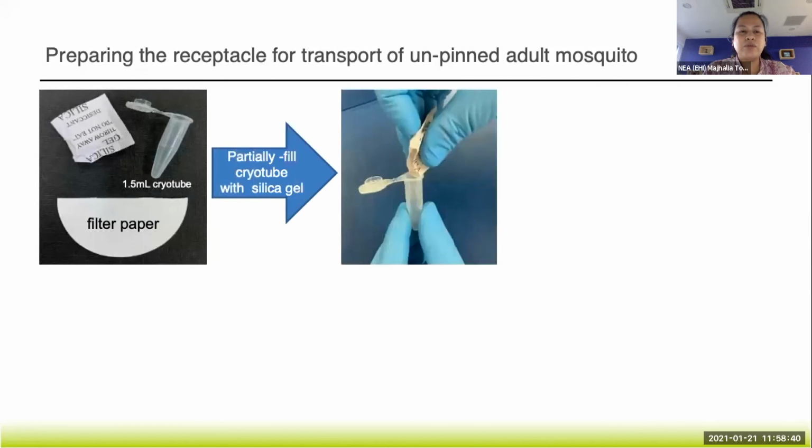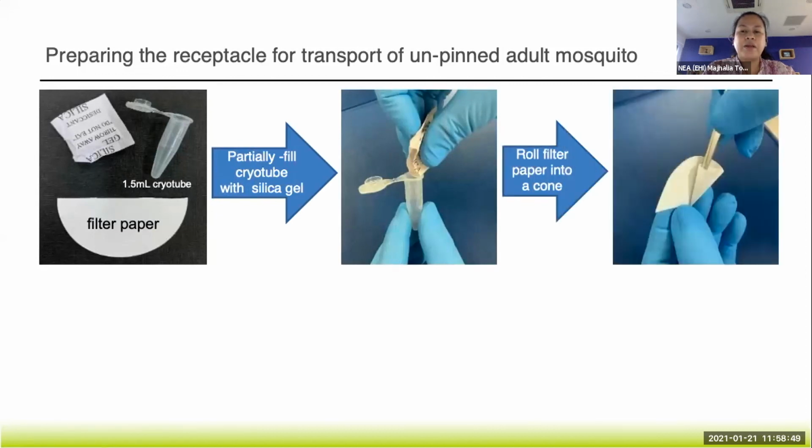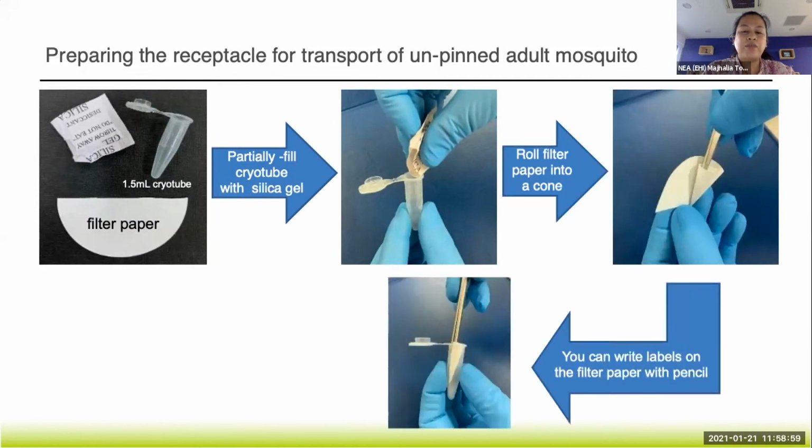So what I would do is that I partially fill the cryo tube with silica gel, maybe just a quarter from the bottom of the tube, and then you roll up your filter paper into a cone using your fine-tipped forceps. Actually, before I do this, sometimes I would even put my labels onto the filter paper.